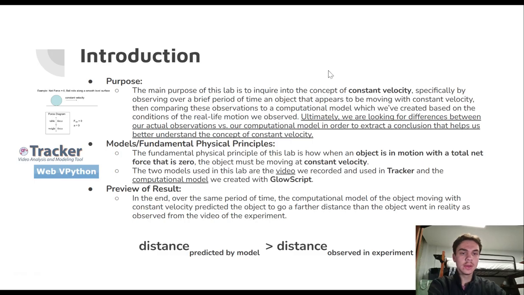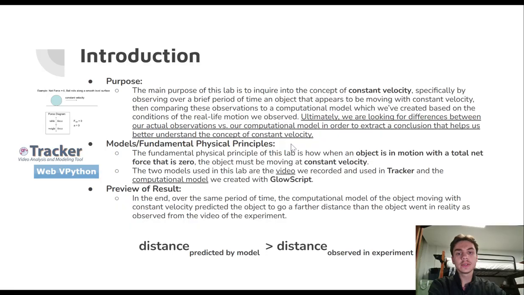Ultimately, we are looking to extract some sort of difference between the observations that we see in the actual video versus the computational model in order to help us better understand the concept of constant velocity.